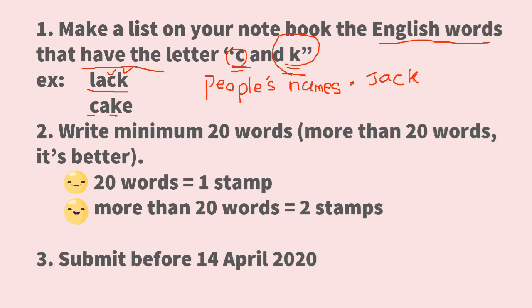So you can write any English words, can be animal words or things or food or any verbs or adjectives, anything as long as it is English and it's not a people's name.